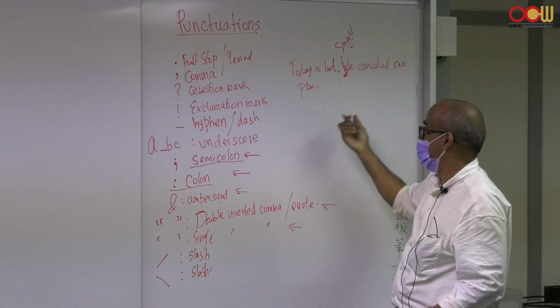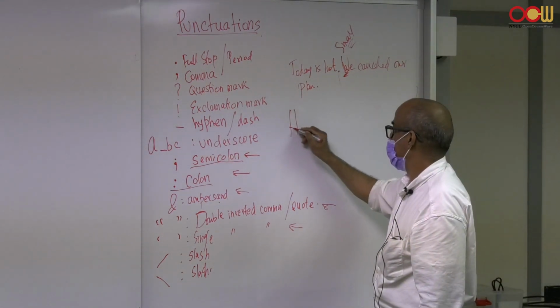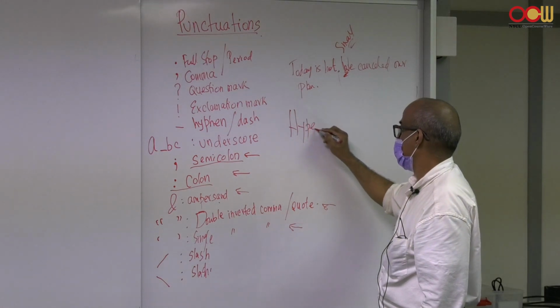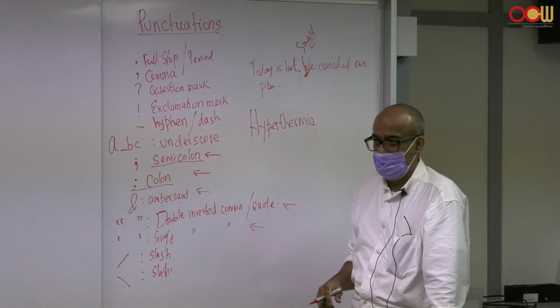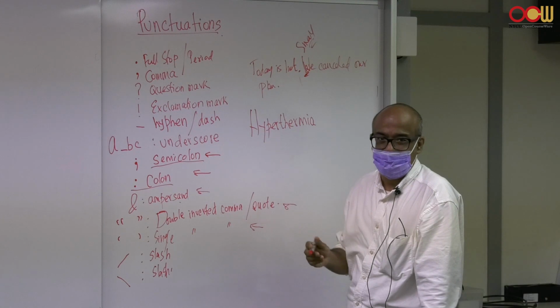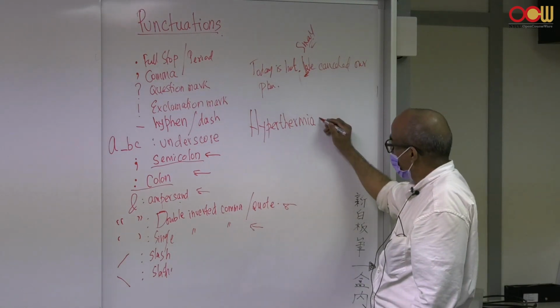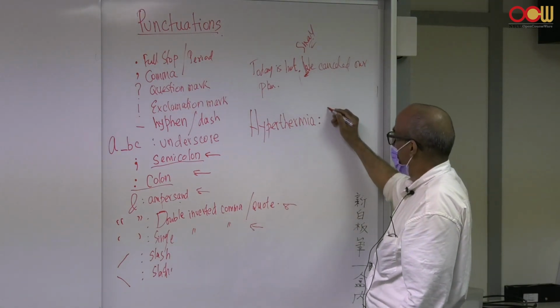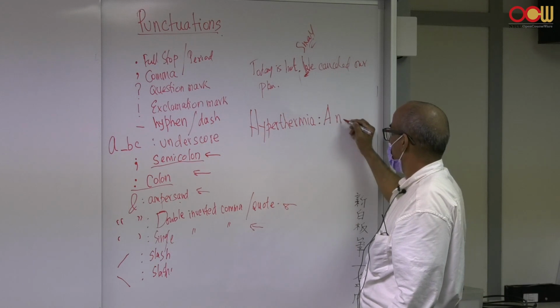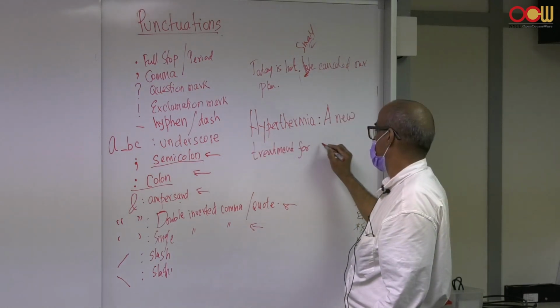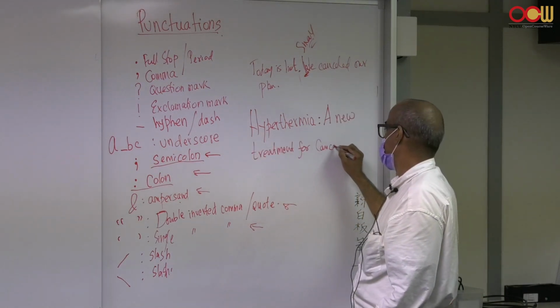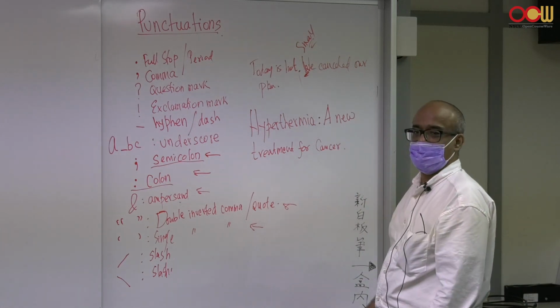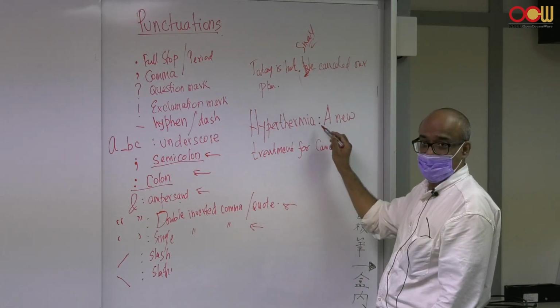So for example, if you write hyperthermia, this is a new kind of treatment for cancer. You put a colon, then you start. So that's the use of a colon.